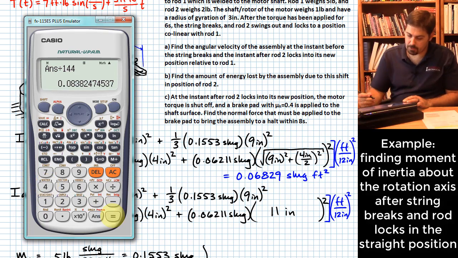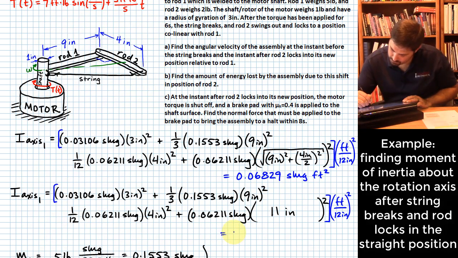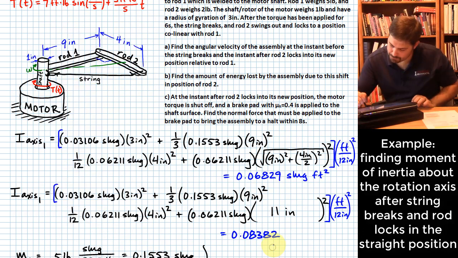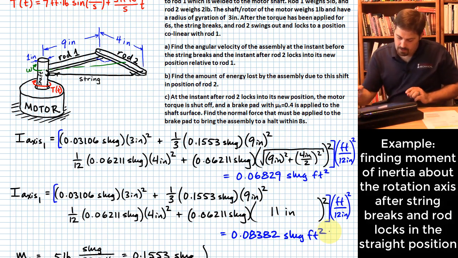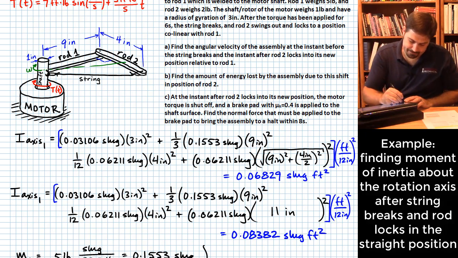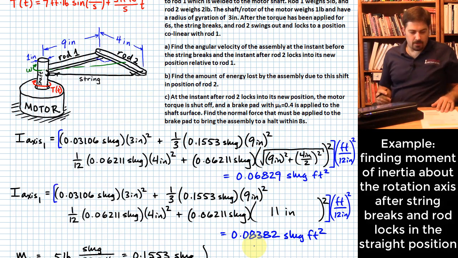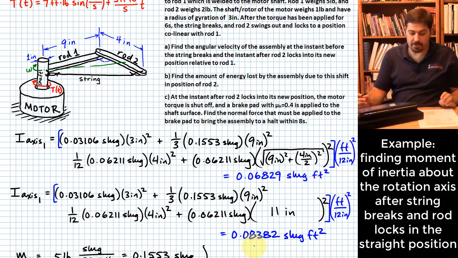So this ends up giving us 0.08382 slug feet squared. Let me store that into B. That's just some background stuff that we're going to need, so I'm going to get that taken care of first. Now let's get into the meat of the problem.